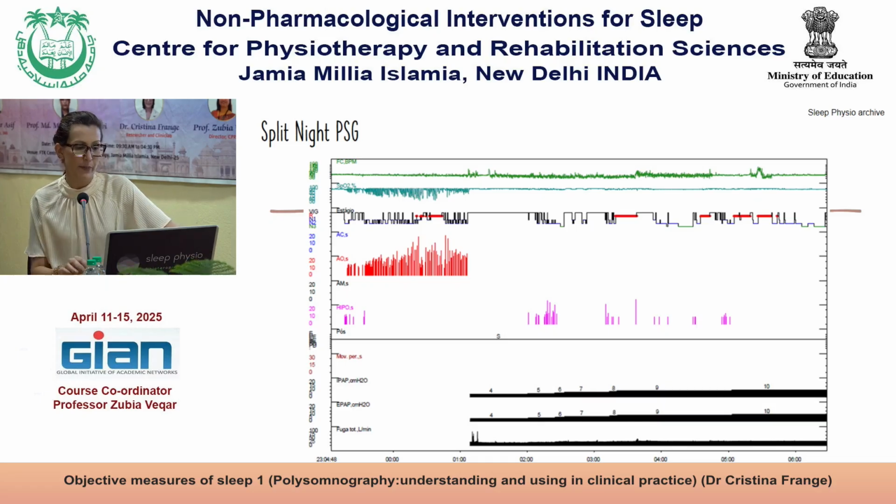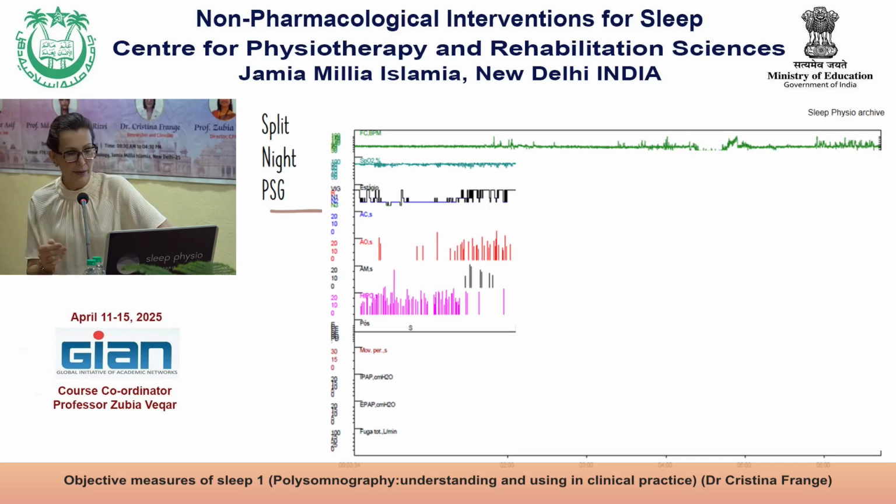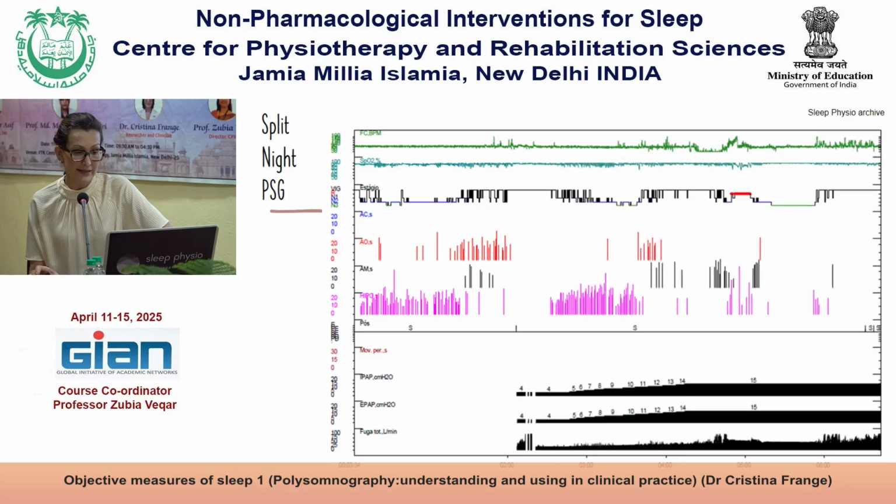So this is another example of the PAP titration, the split night. This is the baseline, and this is the PAP titration. You see that the pressure goes up and up until 15 centimeters of water.